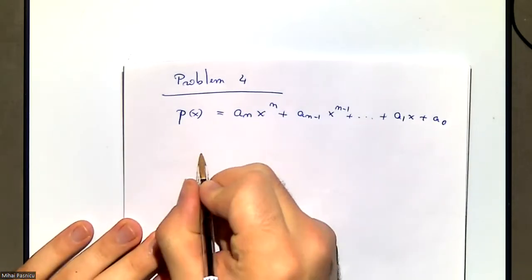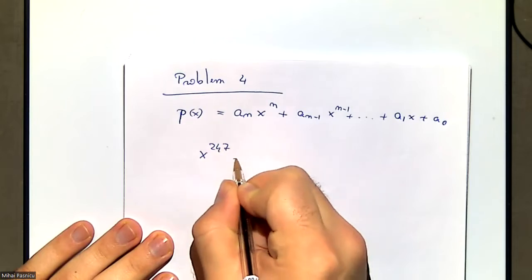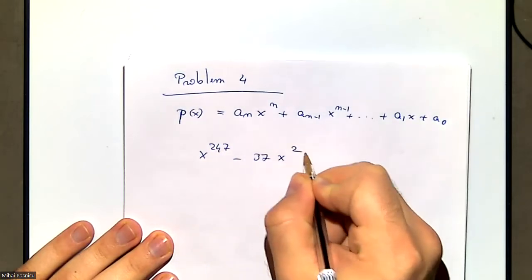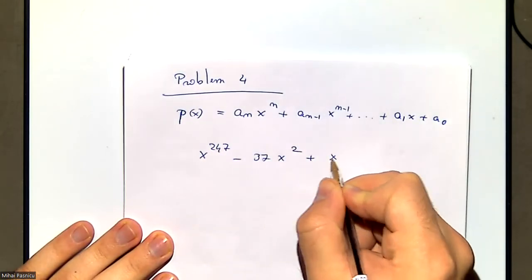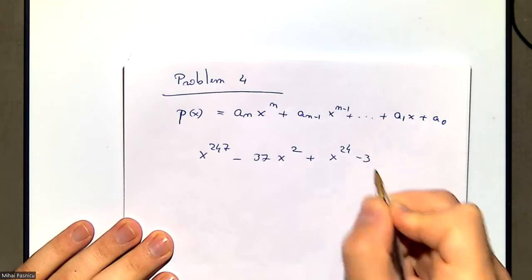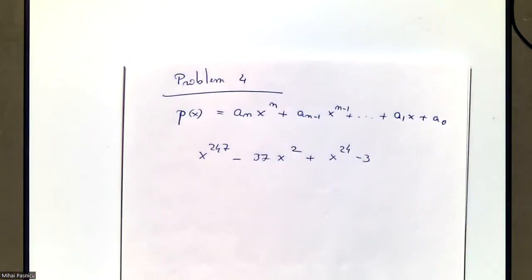So for example, x^247 minus 37x squared plus x^24 minus 3, that is a polynomial. Any powers of x, any combination of them forms a polynomial.